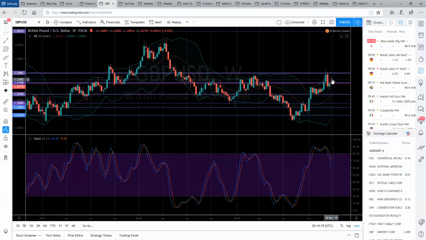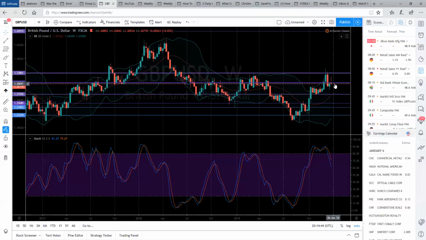and like I said, that was my analysis for last week. We didn't quite get to the top, but prices tried to retest this high here, and we've closed on a bearish note, and we have a doji here.